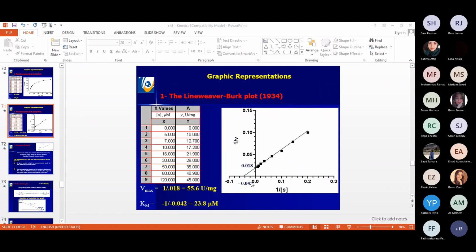From v as a function of s, in which case should you not calculate Vmax and Km from this plot, in which case you cannot? In the case of Michaelis, we cannot calculate Km and Vmax. All the time?